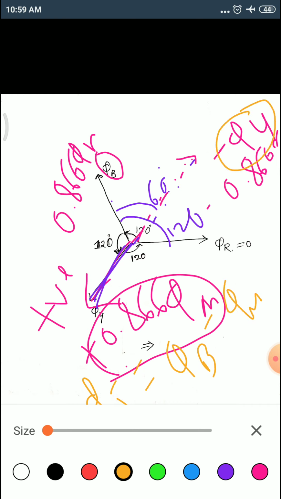Already minus phi y we have taken, so it should be phi b plus the negative of this one. So this we have phi b, and the vector diagram of these two has to be taken. Again, this line is bisecting these two lines, therefore this angle will be 30 degrees. I hope you have got this, right?